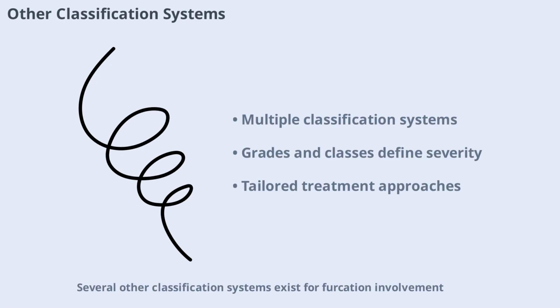Several other classification systems exist for furcation involvement. Goldman, 1958, uses grades 1 to 3, with grade 1 as incipient, grade 2 as cul-de-sac, and grade 3 as through-and-through.